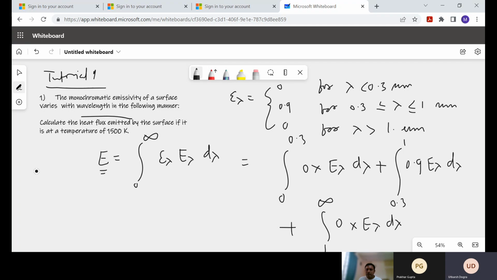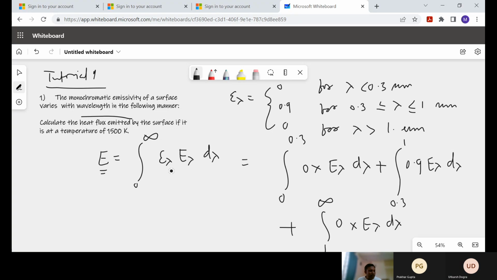So can't we directly use epsilon sigma T raised to power 4? Yes, that is what we are going to use. But remember, in this case it's not a completely black surface, isn't it?